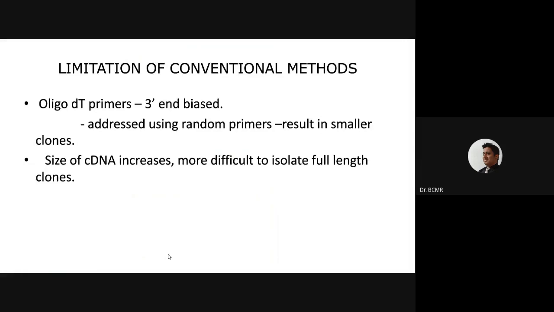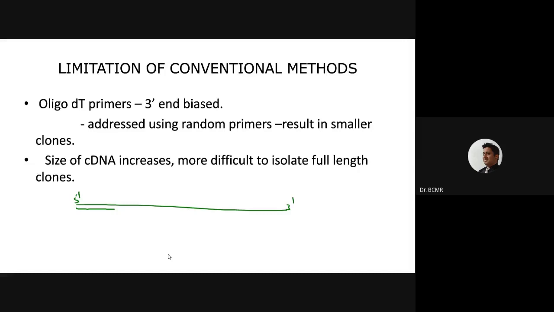So there are several limitations to the conventional methods. If we have a cDNA that is very long, then there are several possibilities. Say this is the 5' and this is the 3'.